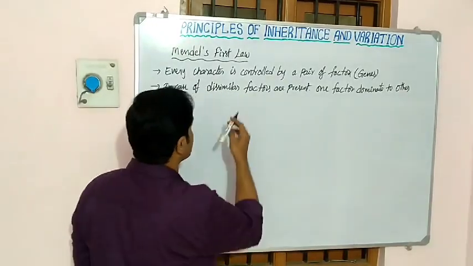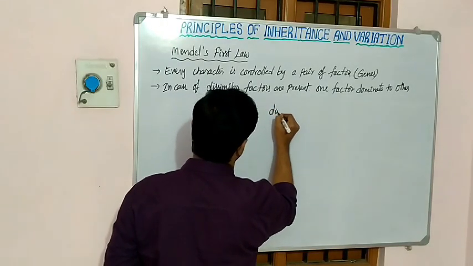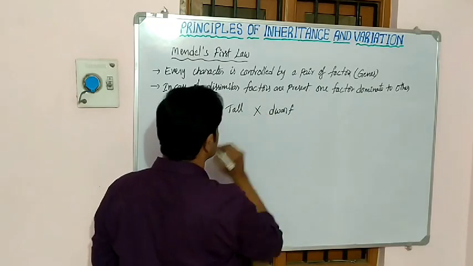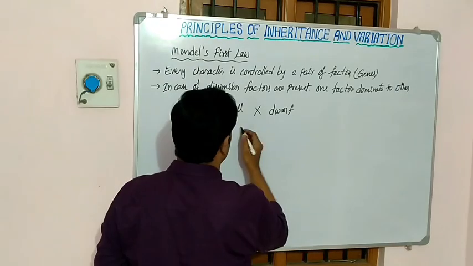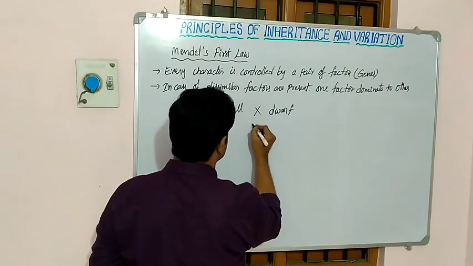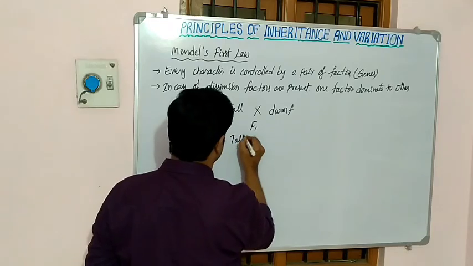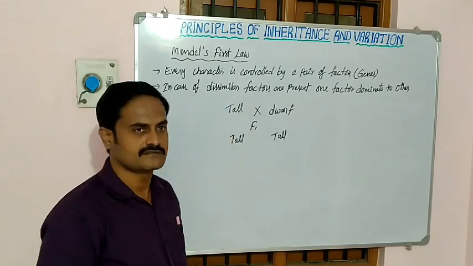So if you take tall and dwarf, when we conduct a cross between the tall and dwarf, what kind of plants do we see in the F1 generation? Both are tall plants.